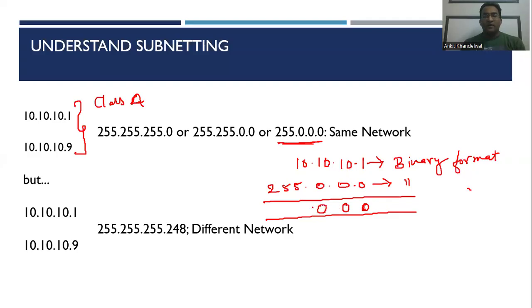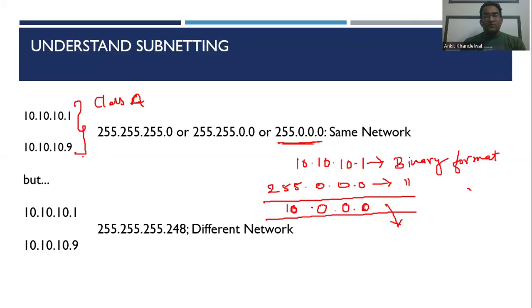Here will be 0, and when this number 255 will be ANDed with the decimal number 10, then we are going to have a 10 there. So remember that we are doing an AND operation. Here the network address comes out to be 10.0.0.0.